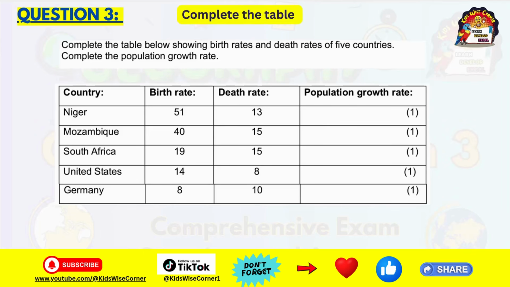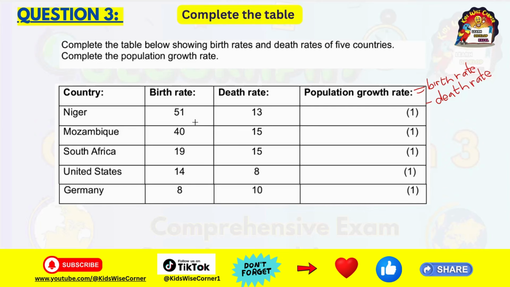So do you know what's the formula to calculate the population growth rate? Population growth rate equals birth rate minus death rate.